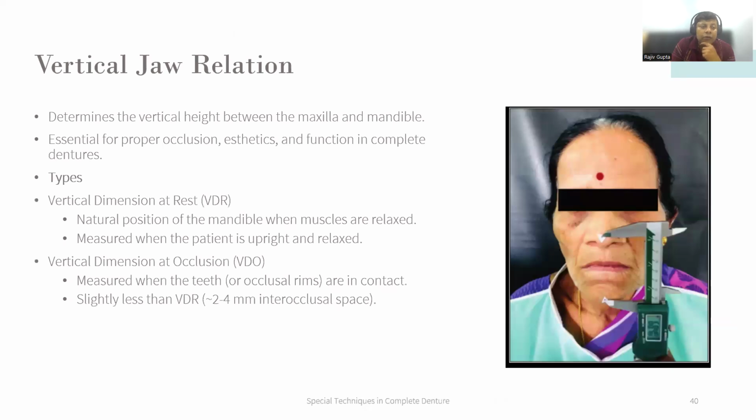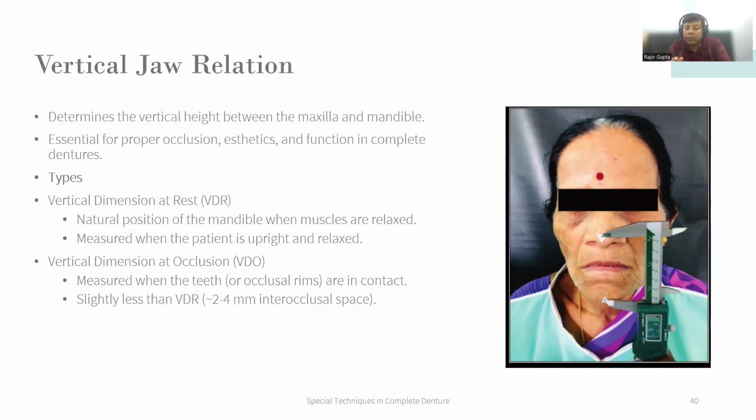Then the next is the vertical jaw relation. We all know it determines the vertical height between the maxilla and mandible, and it is essential for proper occlusion, aesthetics, and function. If you have recorded an excessively high vertical dimension, it will lead to a stressed appearance of the patient. If you have recorded it less, there will be sagging of the tissue.